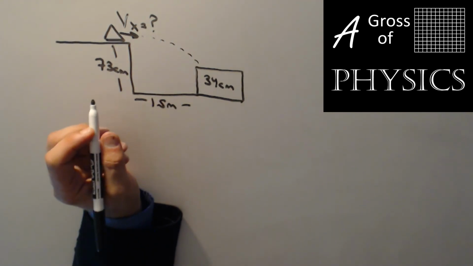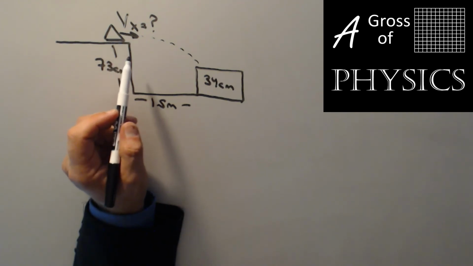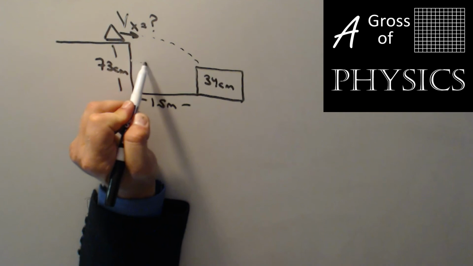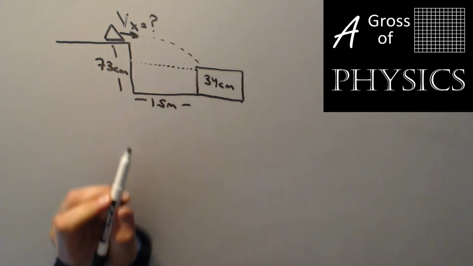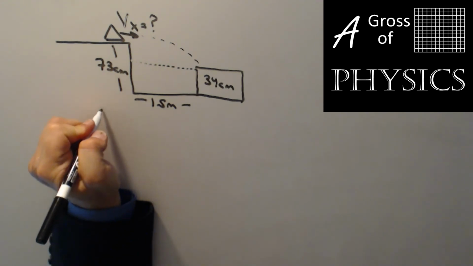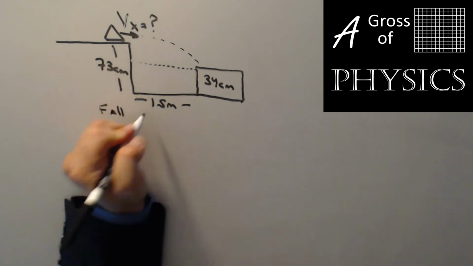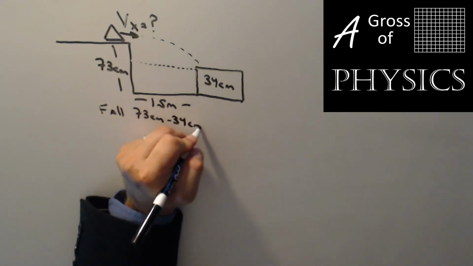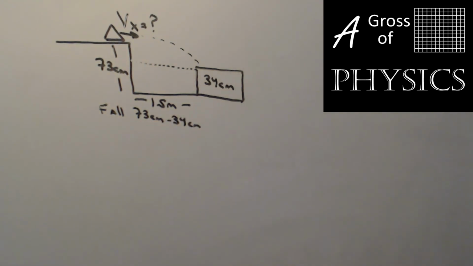So what we're going to do is realize that in order for this to happen, it doesn't have to hit the ground. It just has to go to the height of the bin. So the first step is to realize that you're only going to fall 73 centimeters minus 34 centimeters. Now, we could probably do that in our head, but I have my calculator right here.